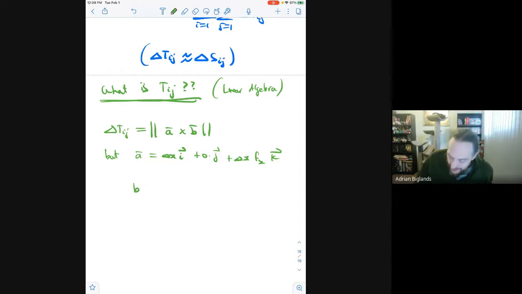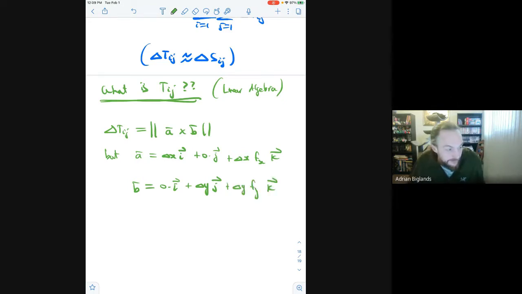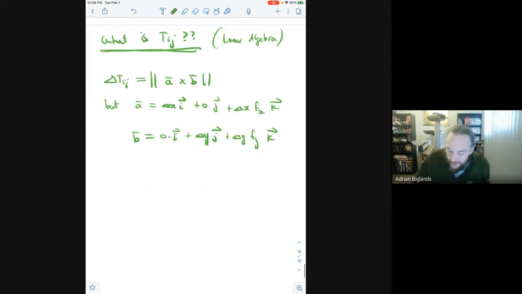And B in the other direction has no component in the i direction, plus delta y times j plus delta y times fy times k.